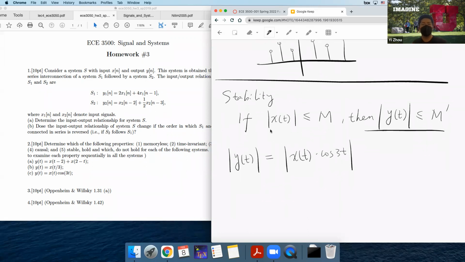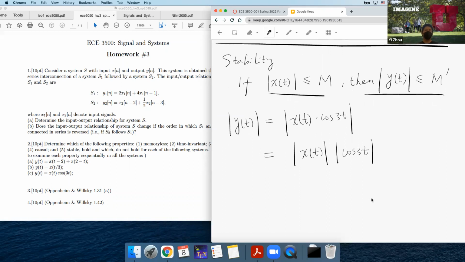And we know that the magnitude of x(t) is bounded. First of all, the magnitude of a product of two complex numbers is the product of the individual magnitudes, a basic property of complex numbers. Then you can think about whether this magnitude of y(t) is bounded. The magnitude of x(t) is bounded by M, given by the condition.